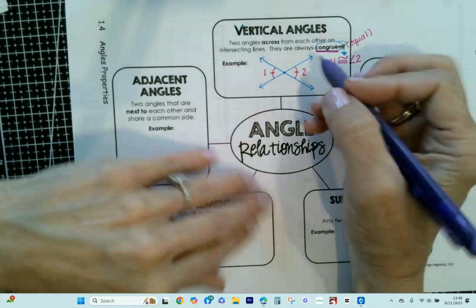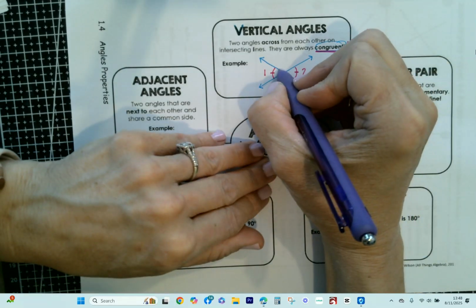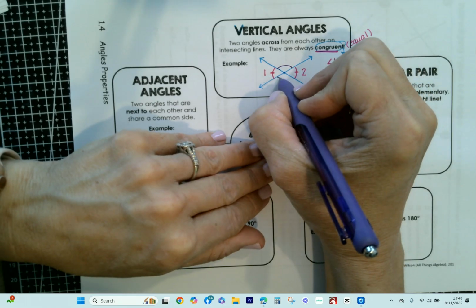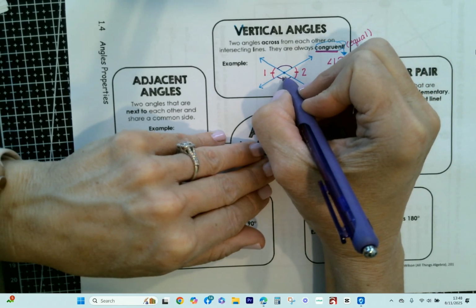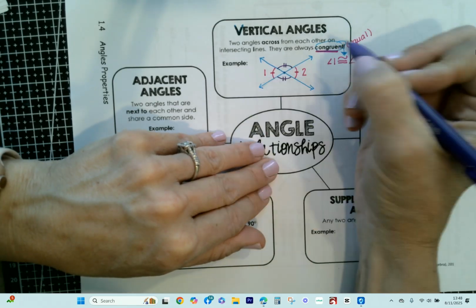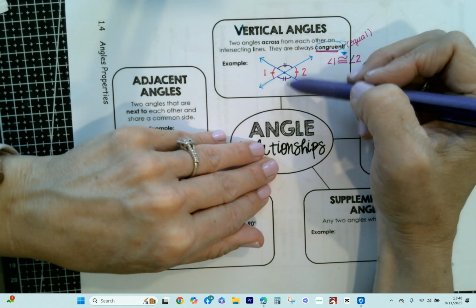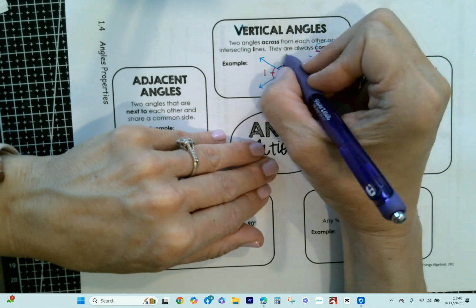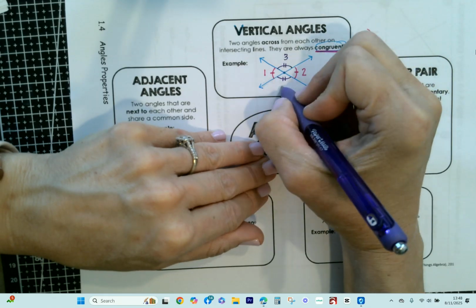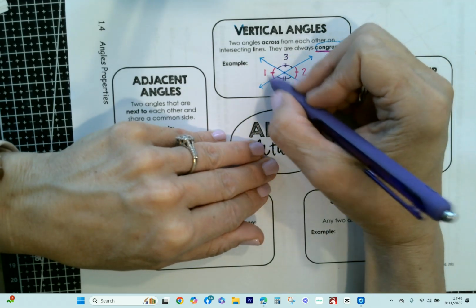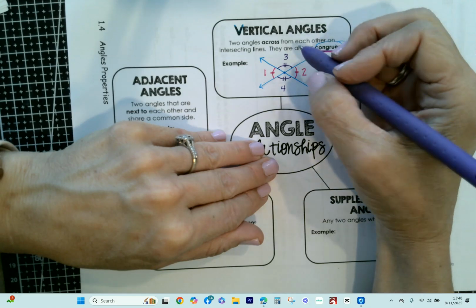Okay, so then that leaves these two angles here. We have this bigger angle, this bigger angle. I'm going to put two little tick marks here and two little tick marks here. These two angles are across from each other. Okay, angle 3, angle 4. Probably would have been better to go in numerical order, but that's okay.